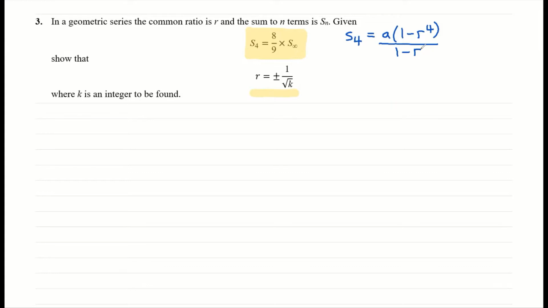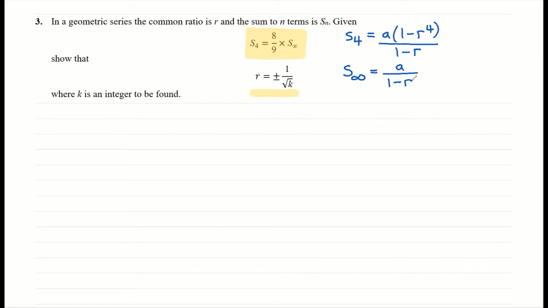And we know that the sum to infinity is just a over 1 subtract r. And we're not given either of them. We're just given an equation with both of them in. So how could we do this? Well, there's lots of different ways you could do this, really. Let's set the equation up.